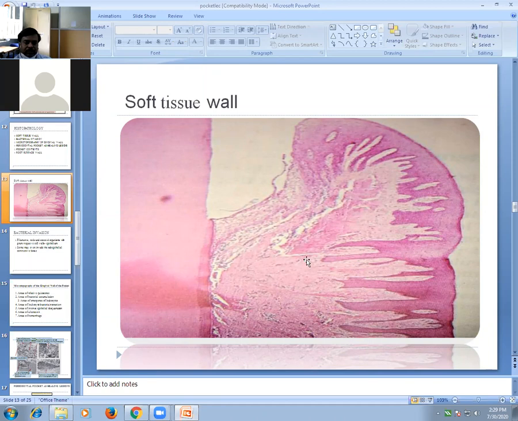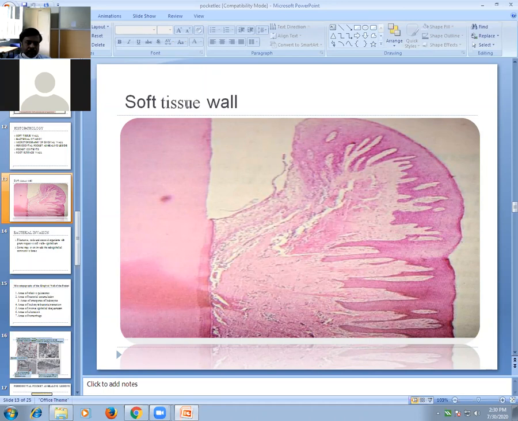When there is inflammatory cell infiltration, there will be degeneration of epithelial cells that creates an ulceration on the gingival epithelium. So these are the changes which occur on the soft tissue wall of your pocket.